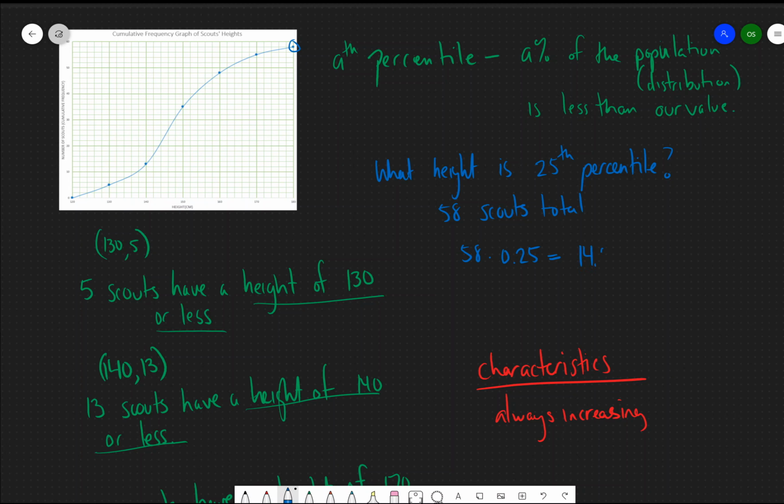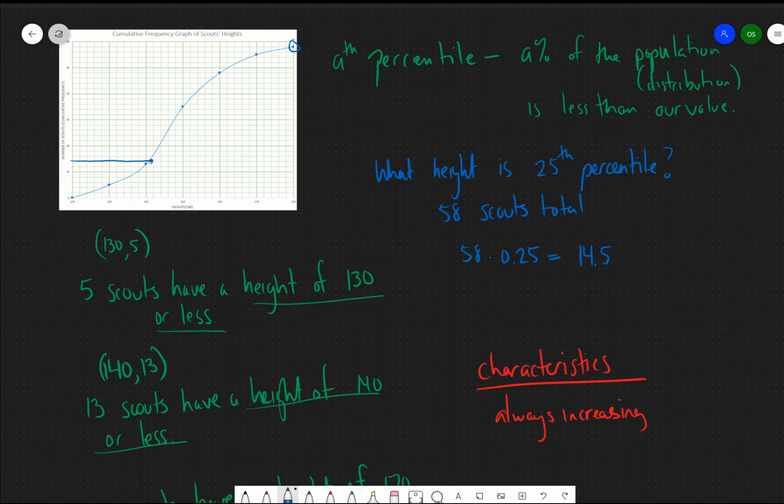Okay. So what I'm going to do is I go to my graph, and obviously I can't have half of a person. So I'm going to round down. So at 14, so 10, 12, 14. So that's this part right here.